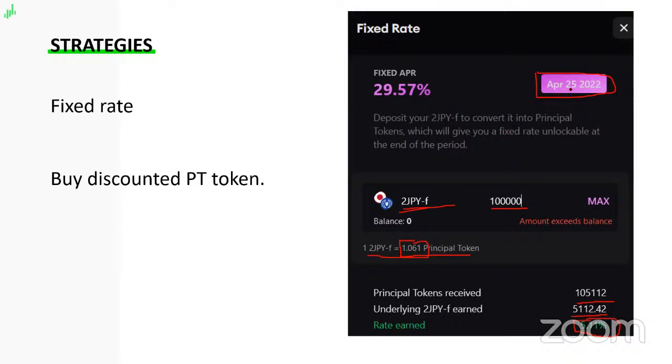So the risk that I am taking is almost zero if I start with Japanese yen, because basically here I just say I will lock $1,000 worth of Japanese yen until the 25th of April. And the 25th of April, I will be able to unlock those $1,000. And this will give me $1,500 of Japanese yen. I'm taking a risk only if Japanese yen is not my main currency.